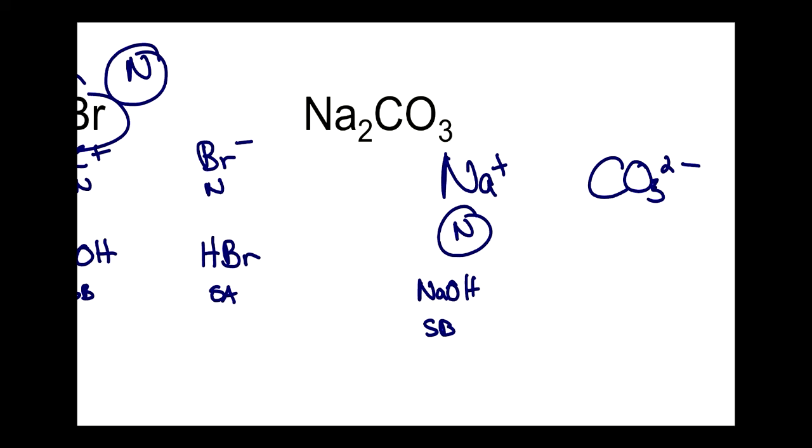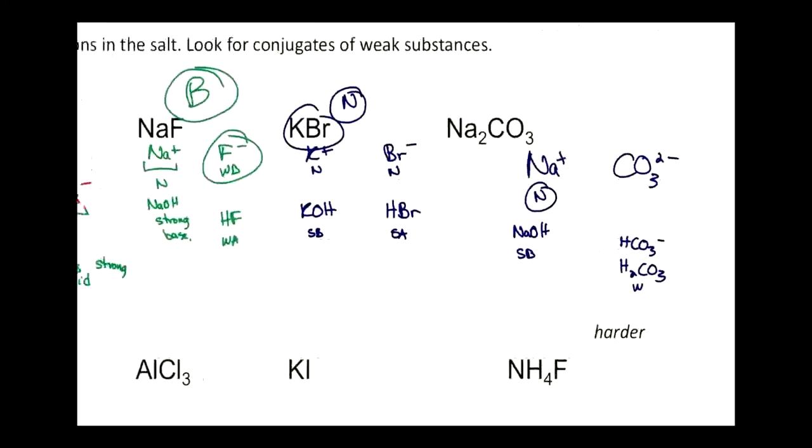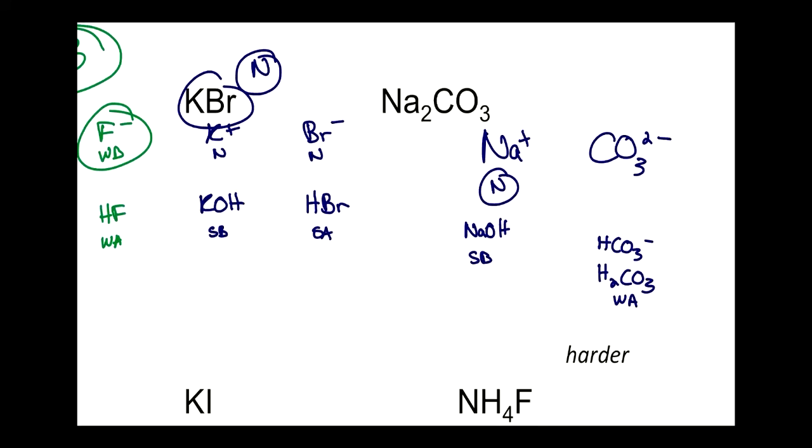Carbonate is the conjugate of HCO3- or H2CO3, carbonic acid. Carbonic acid is a weak acid, so carbonate is going to be a weak base. So this whole thing is going to be basic because you have something neutral and something basic.